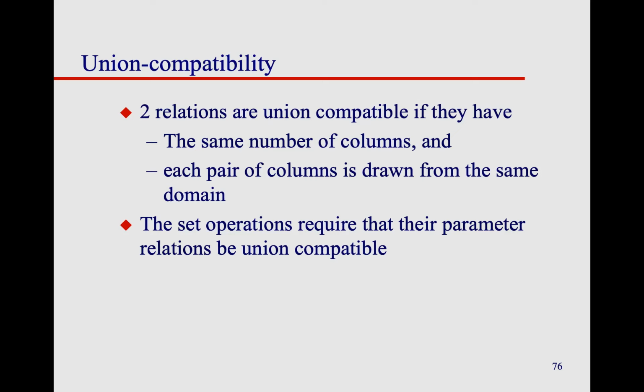They don't need the same name, just the same domain, which makes sense because when you union them together, the result has to be a column, and each column, remember, can have only one domain type. Hence the restriction that each pair of columns is drawn from the same domain. So set operations require that their parameter relations be union compatible.